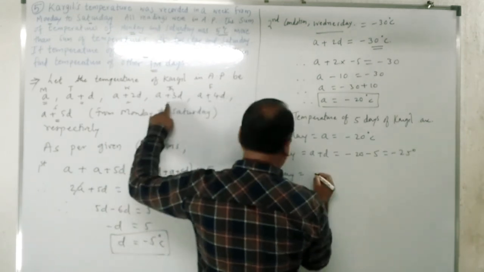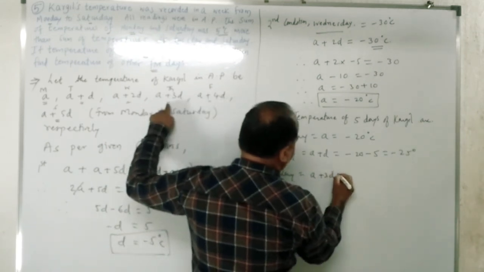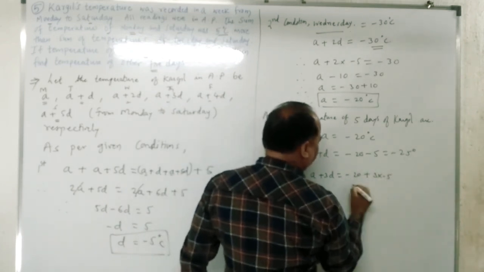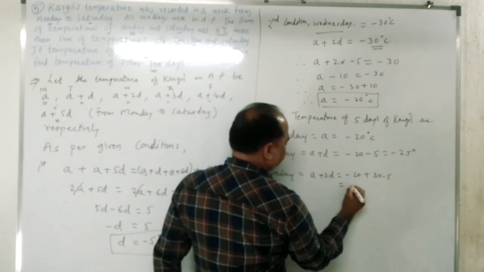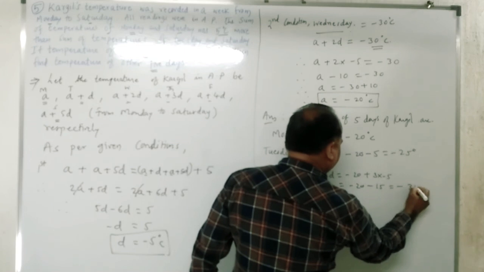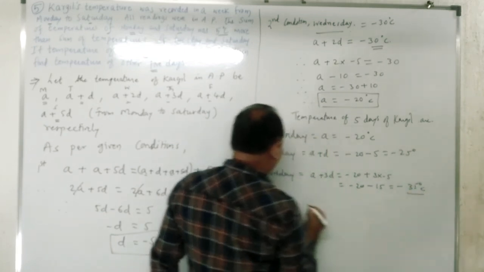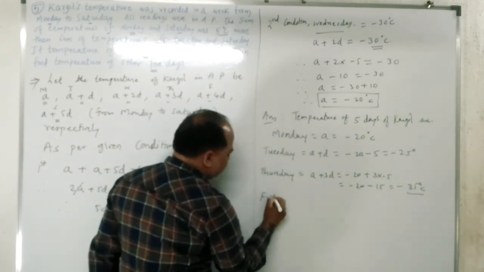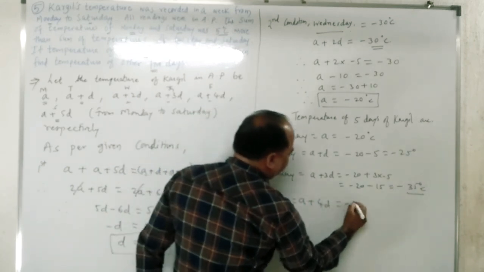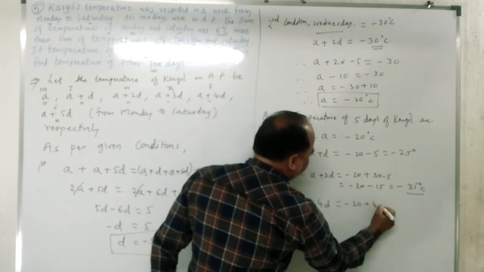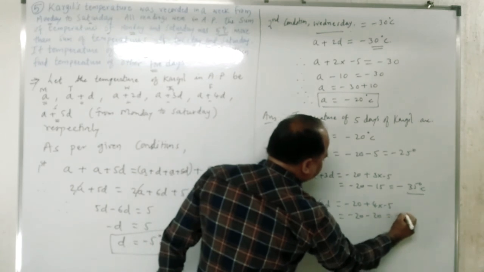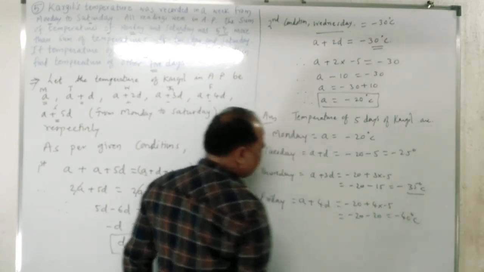Now Thursday temperature, that is A plus 3D, minus 20 plus 3 into minus 5, which is equal to minus 20 minus 15, that is minus 35 degrees Celsius. Then Friday is A plus 4D, which is minus 20 plus 4 into minus 5, which is minus 20 minus 20, that is minus 40 degree Celsius.